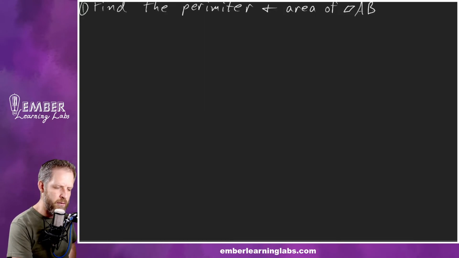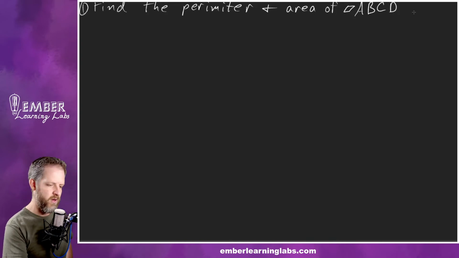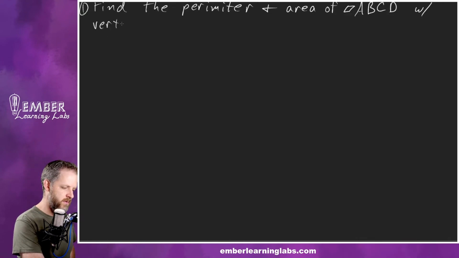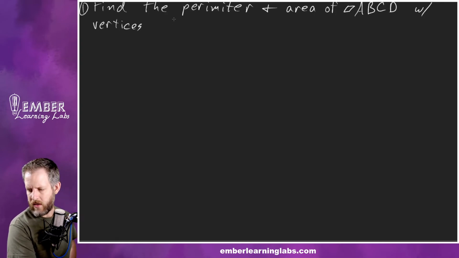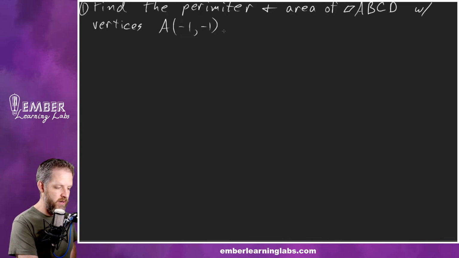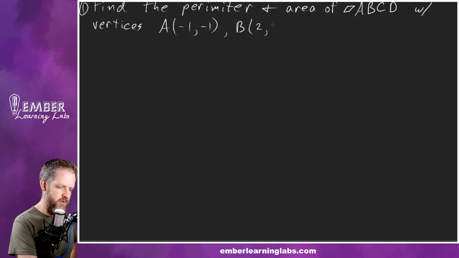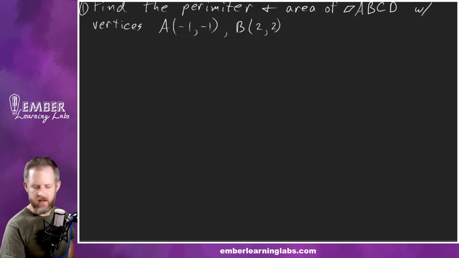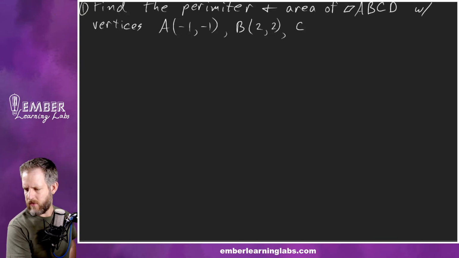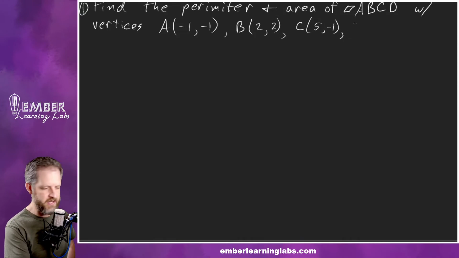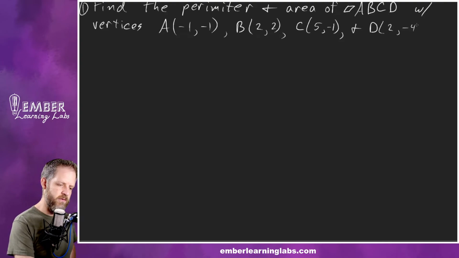Quadrilateral ABCD with vertices A(-1, -1), B(2, 2), C(5, -1), and D(2, -4).